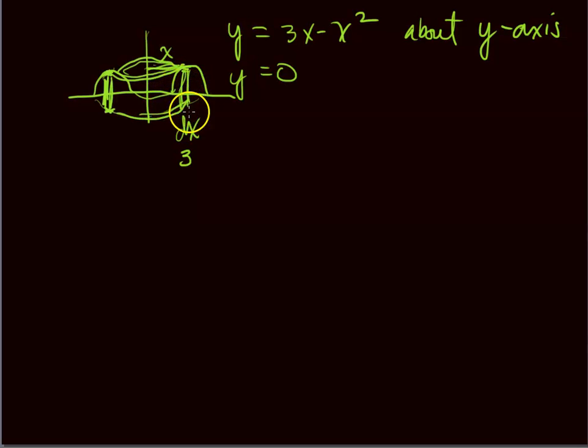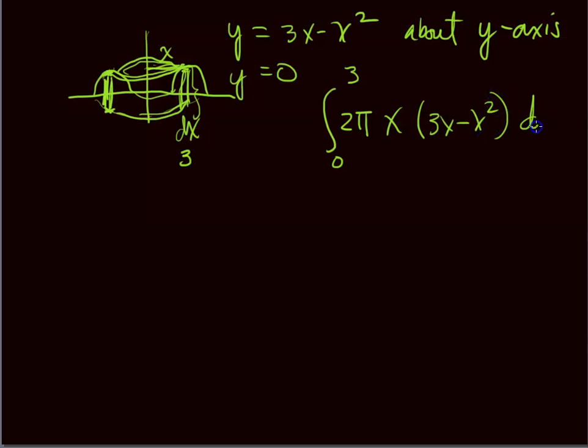Maybe it goes up to 1. I just want to give it some numbers just to show you. We're going to go from 0 to 3. The 2 pi r is the x. H is the height of that function, 3x minus x squared dx. And that is an easy function to find the antiderivative of. And that's the whole reason for shells. It's a little harder to set up, but it's a lot easier to find the antiderivative.